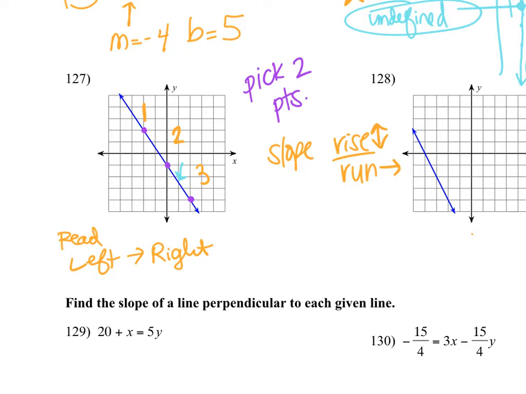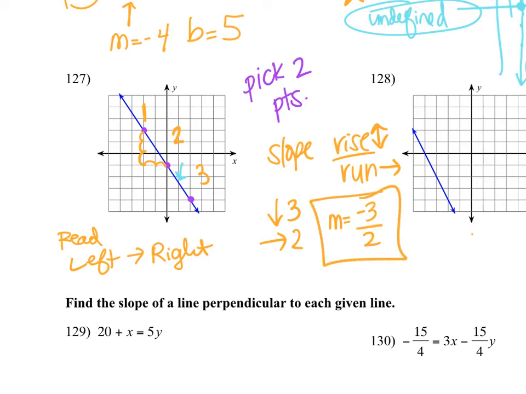So my rise, it's either going to be up or down. Up if it's positive, down if it's negative, and I'm going to run to the right always. So going back to my graph from point 1, I'm going to go down 1, 2, 3, and over 1, 2. So since I'm going down 3 and over 2, my slope is going to be negative 3 over 2.